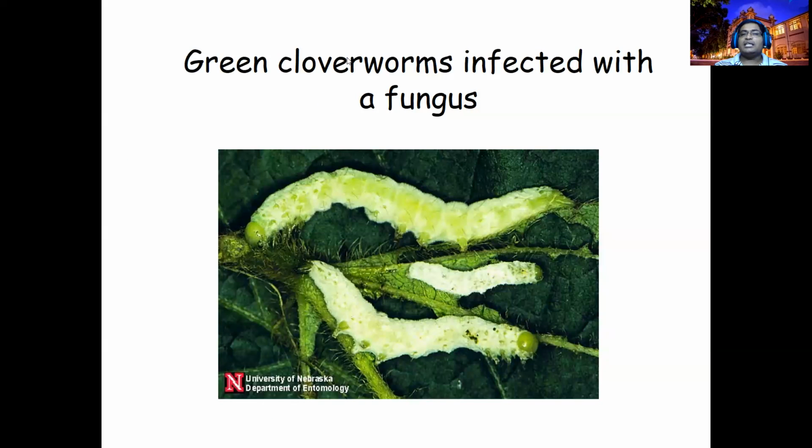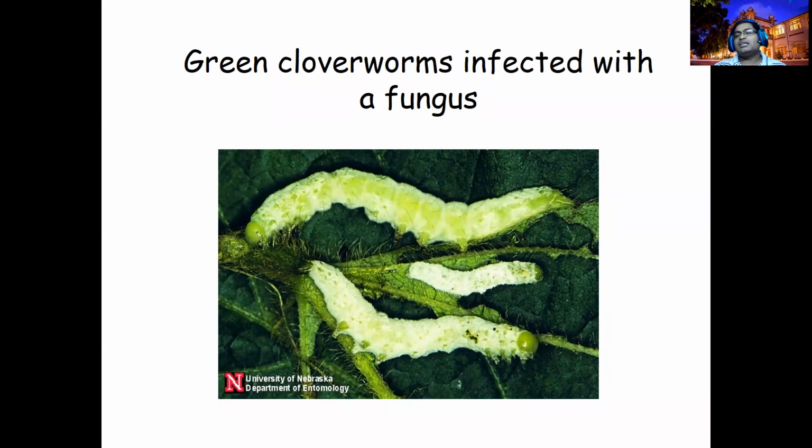So green, the green clover grounds attacked with the fungus, you see. So if you find dead larvae anywhere, it is better to identify whether it is attacked by any pathogens. What you can do is take this larva and keep it under a moisture chamber, then you can observe under a microscope and find out if a fungal attack is there, right?